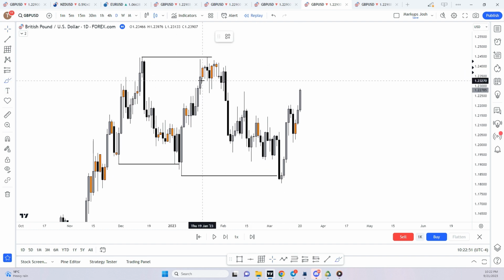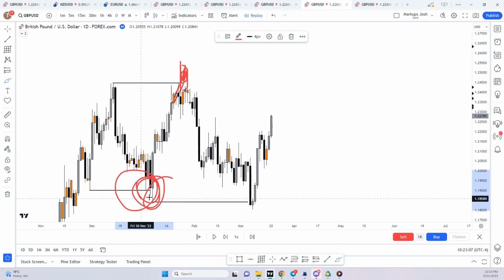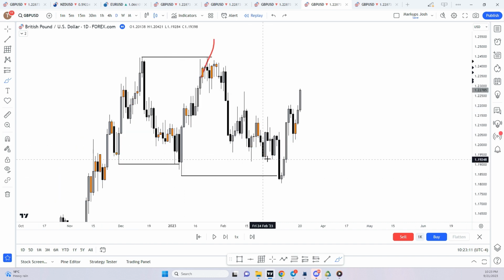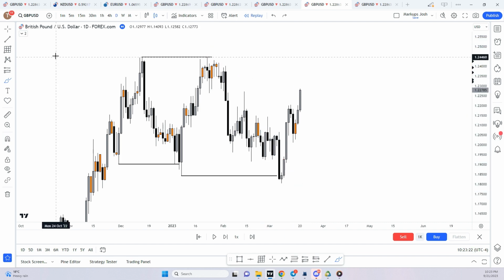Had we closed above and we had considerable displacement, and we had a lovely strong candle body close above, that would then deem this structural point as strong and it should be strong enough to hold price to put in a higher low to continue the trend. However, that does not happen. Up here, we actually build liquidity as opposed to run liquidity and then give the break in structure. This is the important point to note.